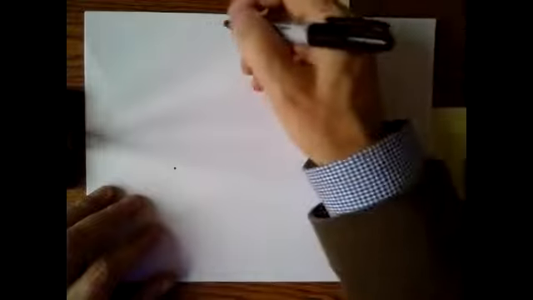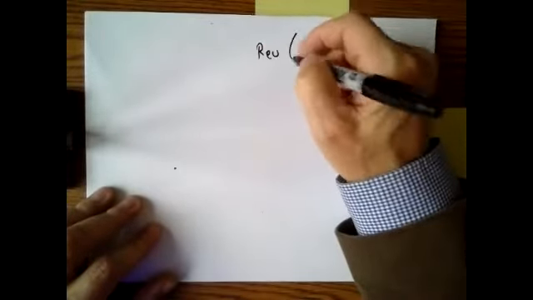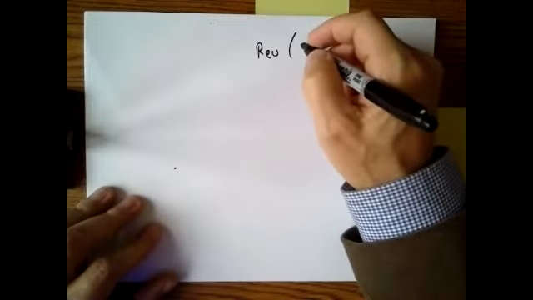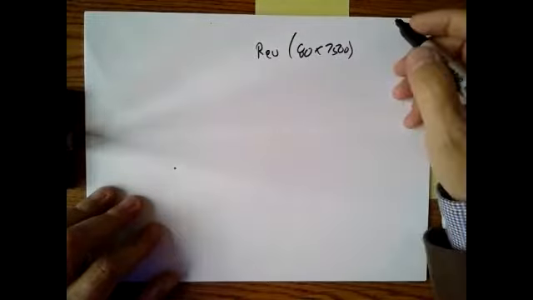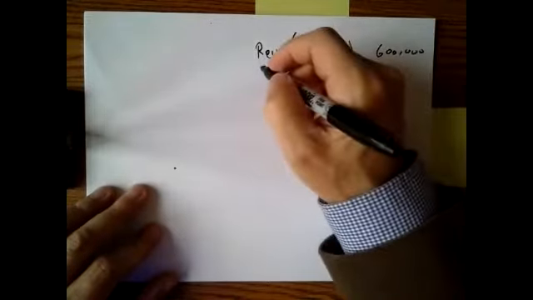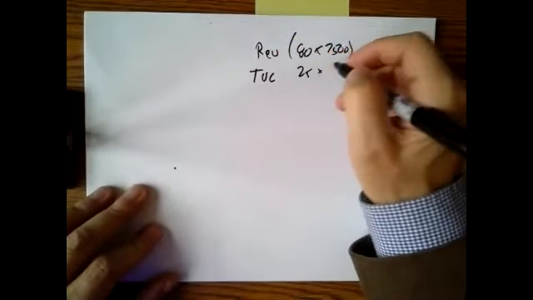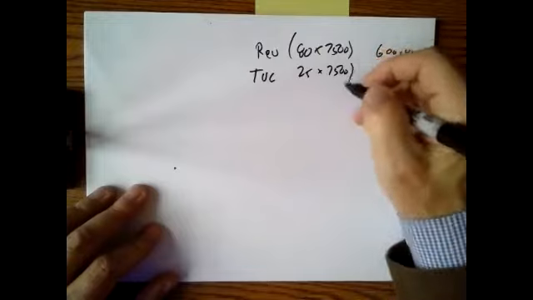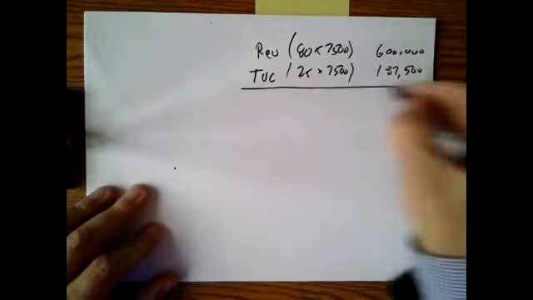Okay, so let me move over here. What is the new P&L going to look like? Well, we start with revenue, and instead of 100 times 7,500, it's going to be 80 times 7,500, and 80 times 7,500 is 600,000. Total variable cost doesn't change. It's still 25 times 7,500, which gives us our original 187,500.